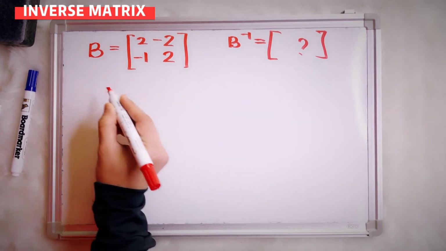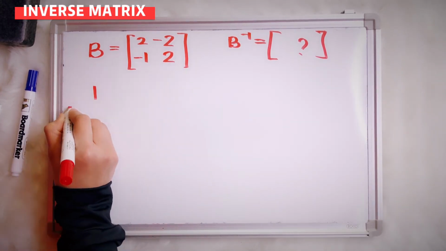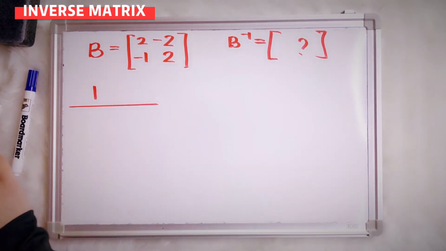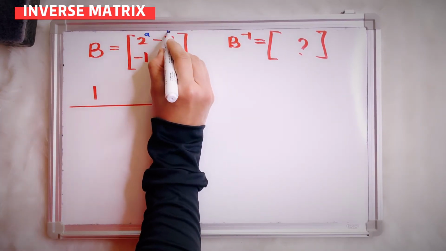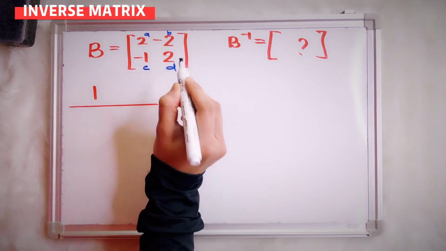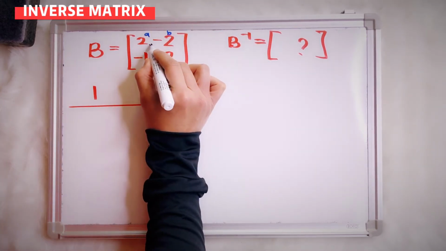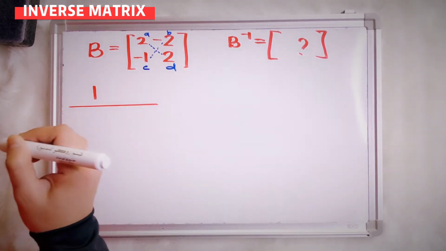Alright, so your first step is 1 over. Remember I told you before, this is A, this is B, this is C, this is D, right? So you have to multiply like this.